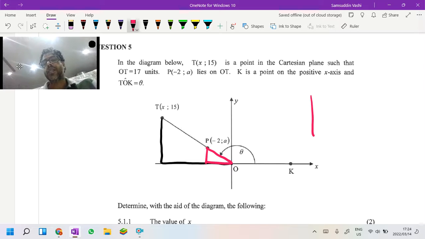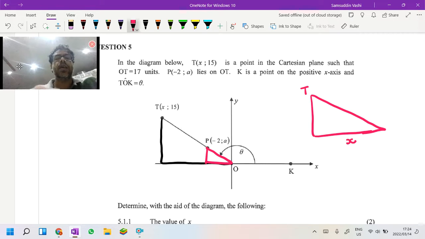So if I see the first triangle, which has got a point T, that x value is x and y value is 15.